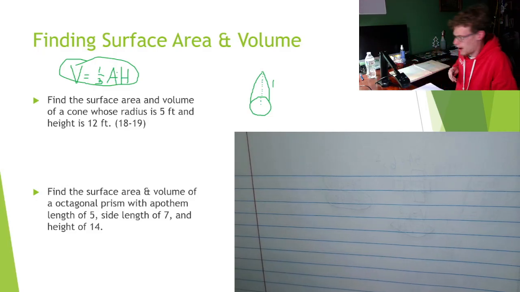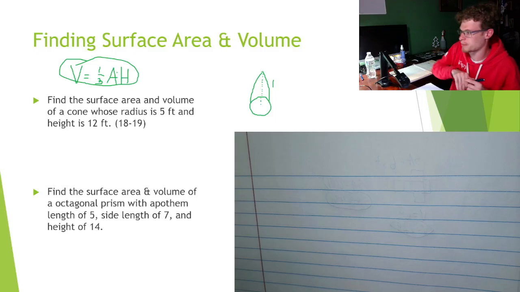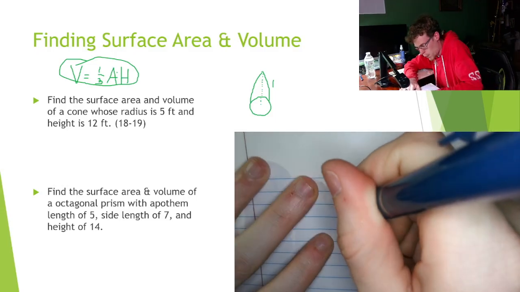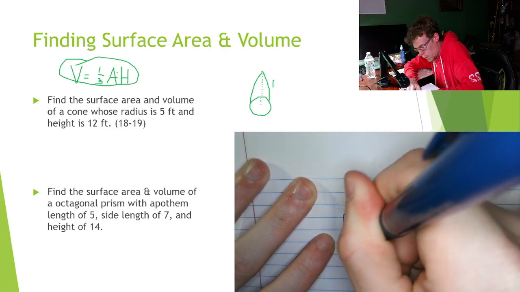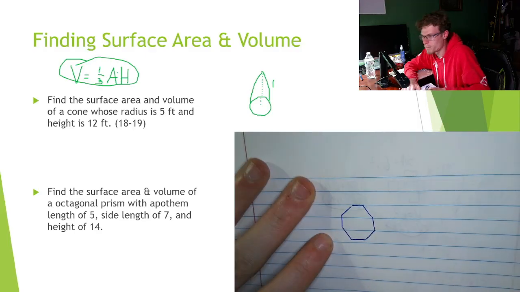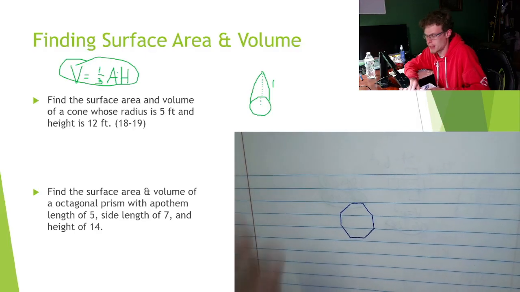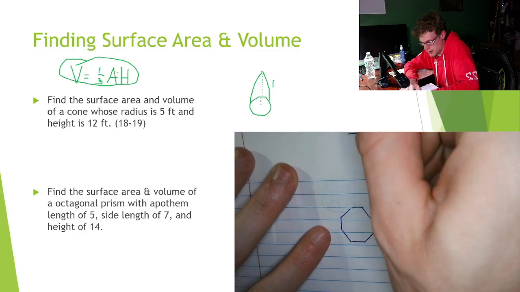So, octagonal prism. Let's draw that real quick. It's a nice octagon, right? Nice enough. All right, so prism. That means the octagon is relatively the same up here.